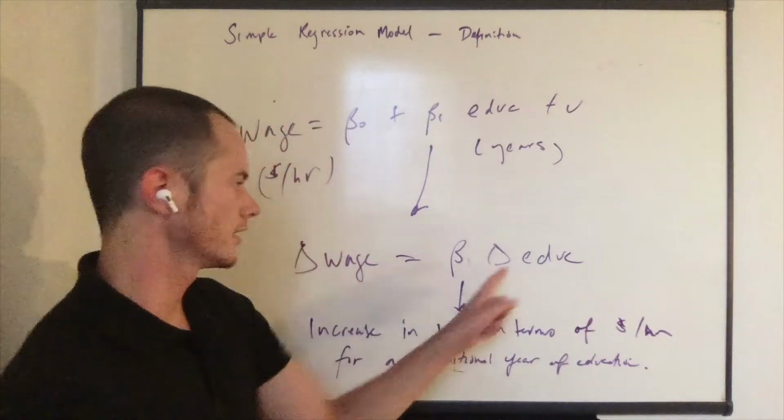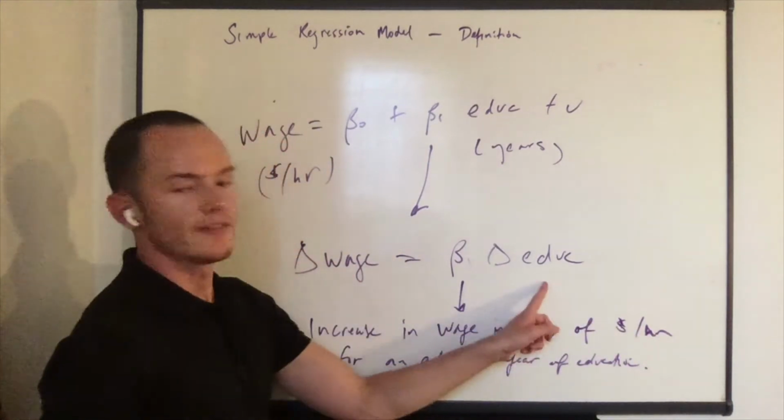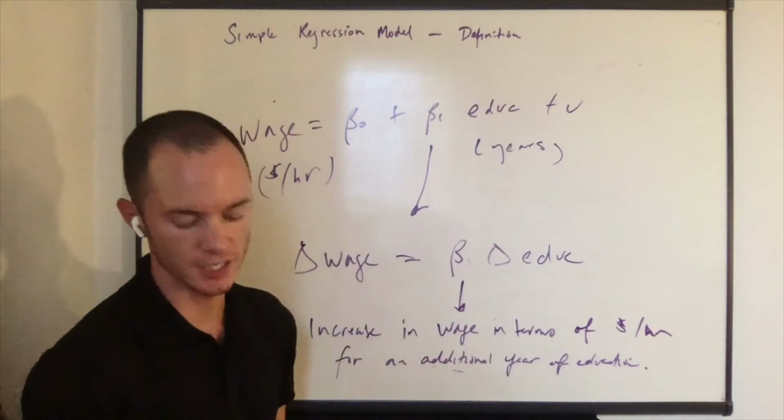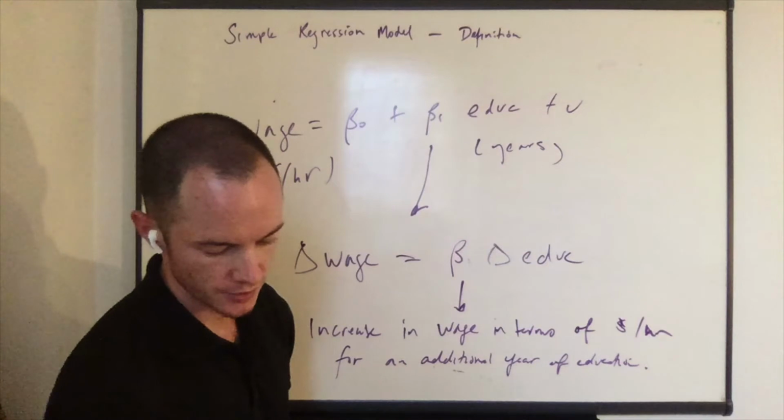If you want to look at an increase in the level of education by 2 years, you'd multiply beta 1 times 2, and that would give you the predicted increase in wage.